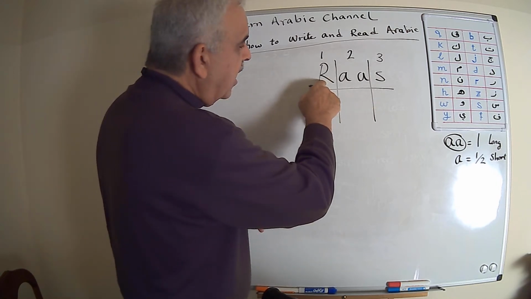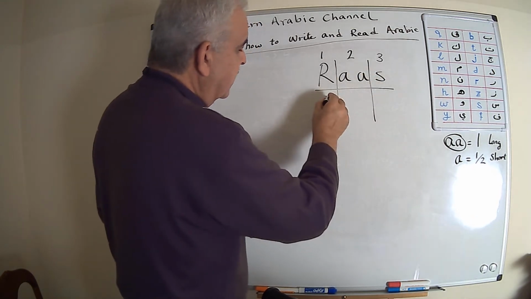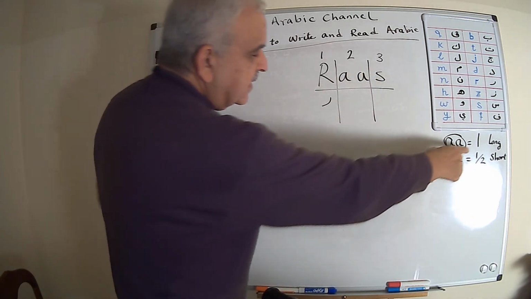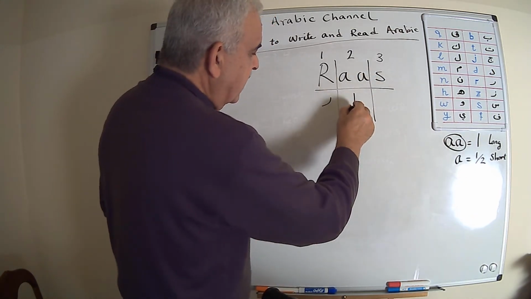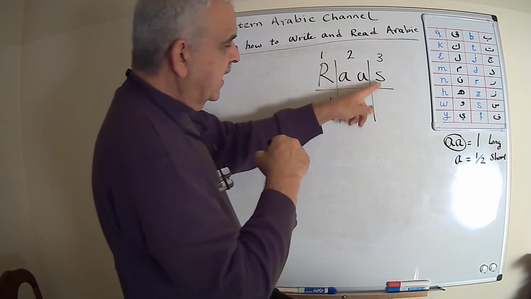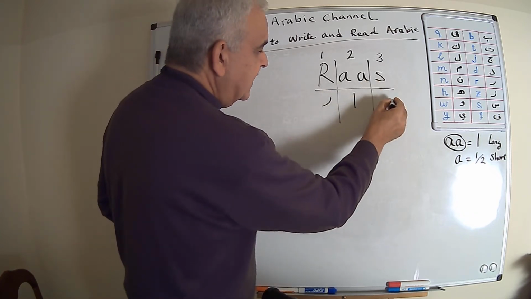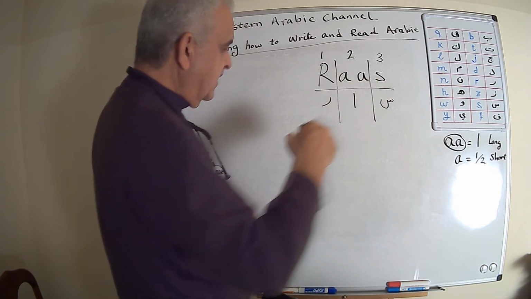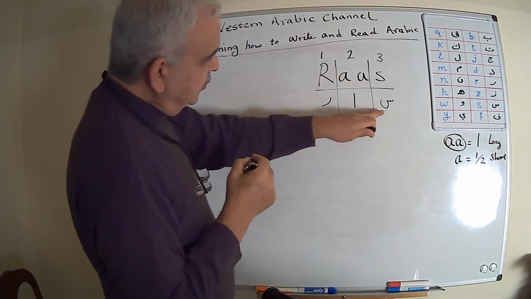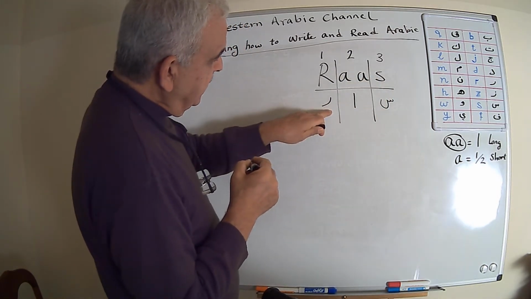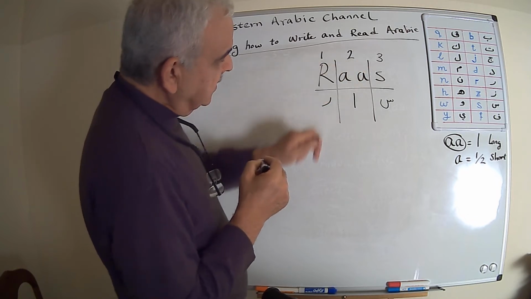R equals Ra in Arabic. A equals Alif in Arabic. S equals the Sa sound in Arabic. So those Arabic letters equal the English letters here.